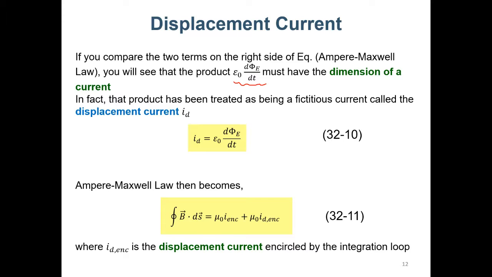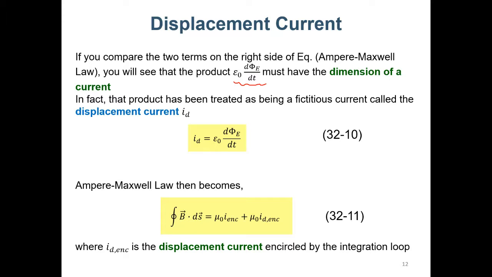So we have the displacement current. Actually, it is something like the current going through a capacitor, but you know, DC current cannot go through a capacitor, only AC current can go through the capacitor.